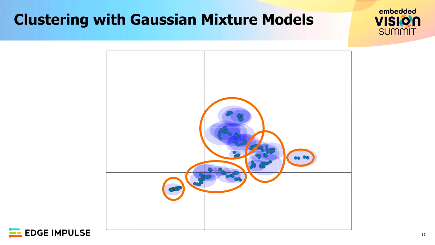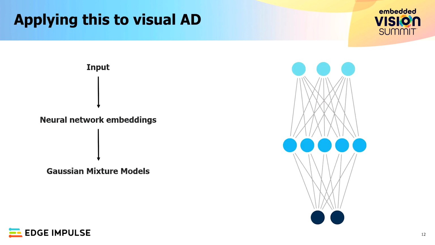Naturally, that doesn't really work on images. If you look at a typical image, 320 by 320 by 3 channels, that is 300,000 and a lot of pixels. So try putting that many axes into a clustering algorithm. That's not going to fly.